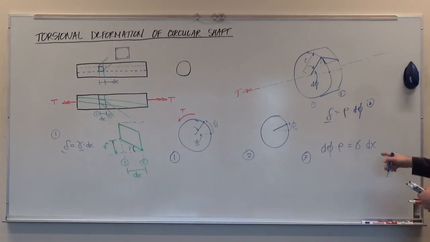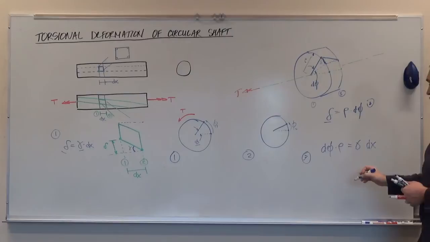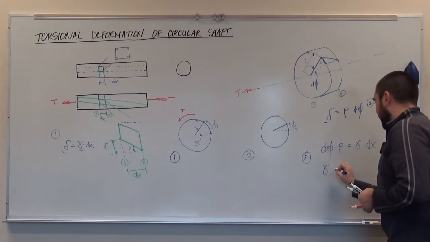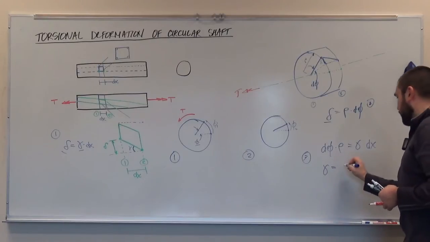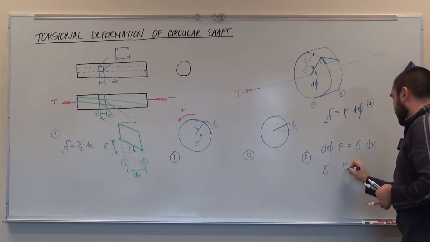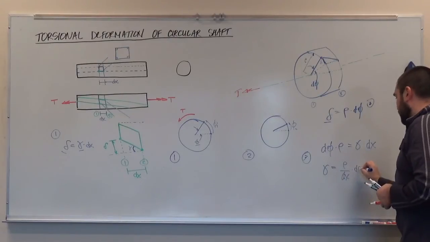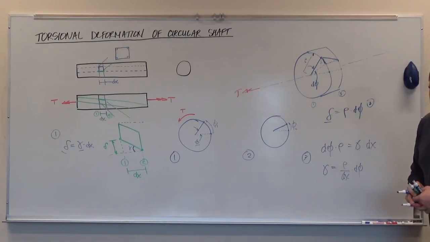We can rearrange this because, like we said before, we're interested in figuring out what the shear strain is at any point on our cross section. So I'm just going to rearrange this equation. I'm going to get that gamma, the shear strain at any point, is equal to rho divided by dx times d phi.